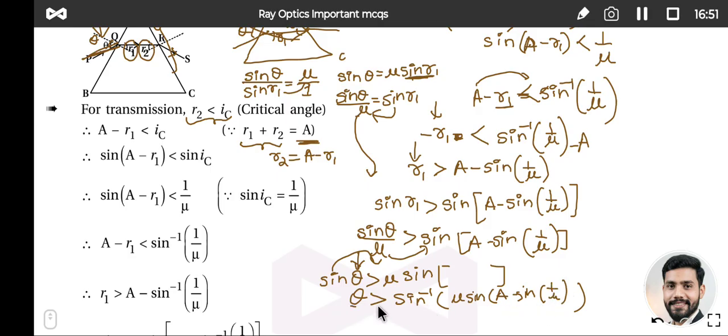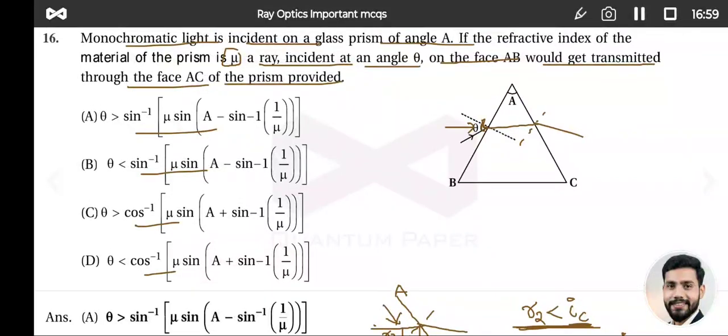So this is our answer. Theta must be greater than sine inverse of mu times sine of A minus sine inverse of 1 by mu. If we look at our options, the answer is A. Okay. Look at the next question.